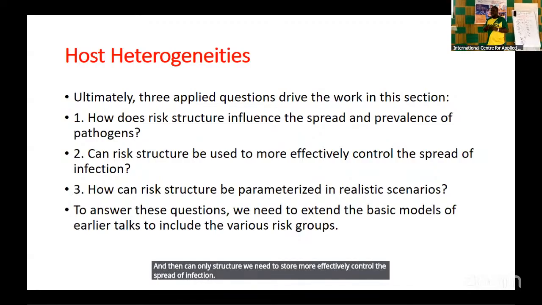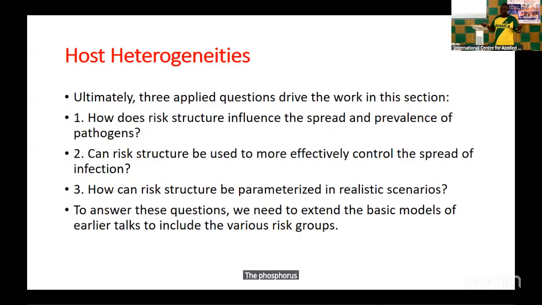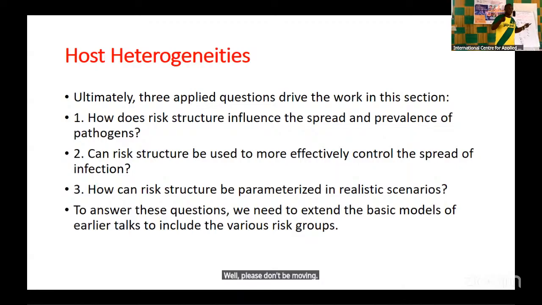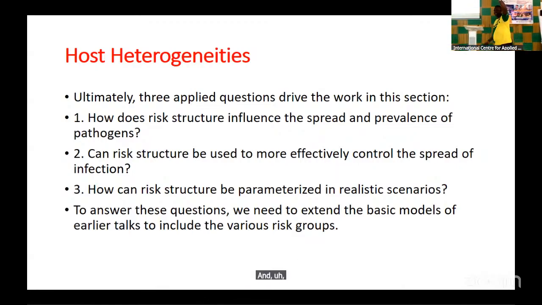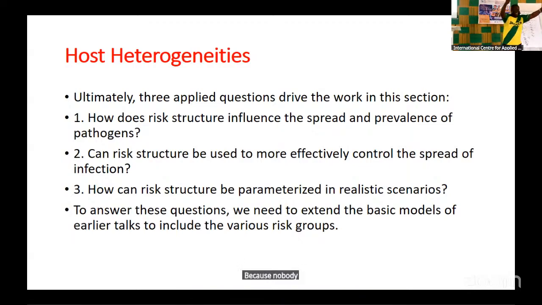Now, when it comes to vaccination in Nigeria, the first two states that were deployed were based on the model: a low risk state and a high risk state. The high risk state was Kebbi, and the low risk was Bayelsa, right? Because the model predicted that, and we have the map.